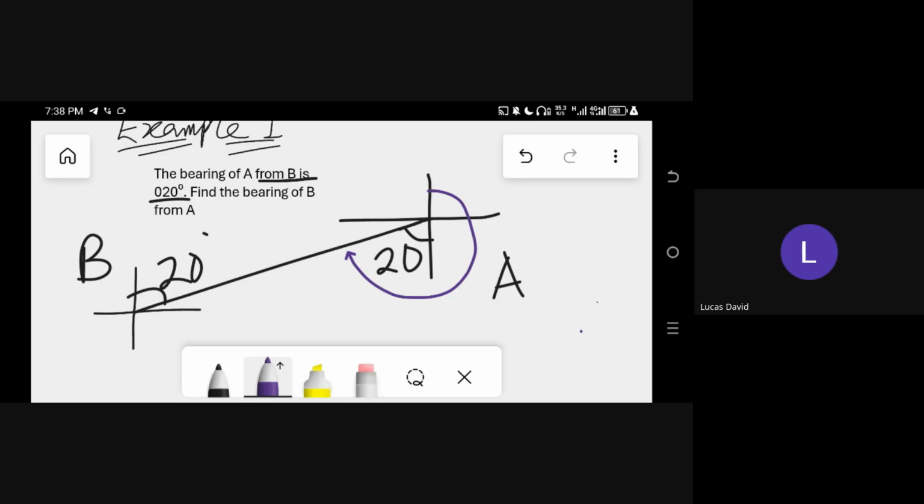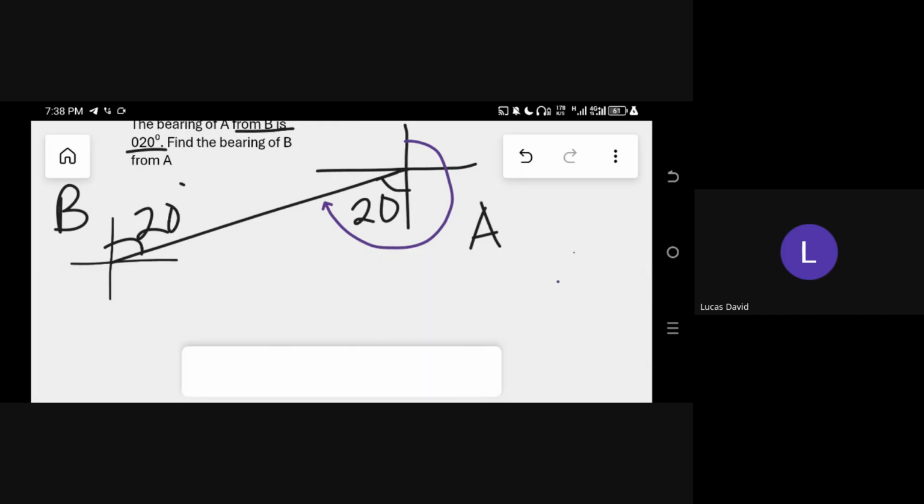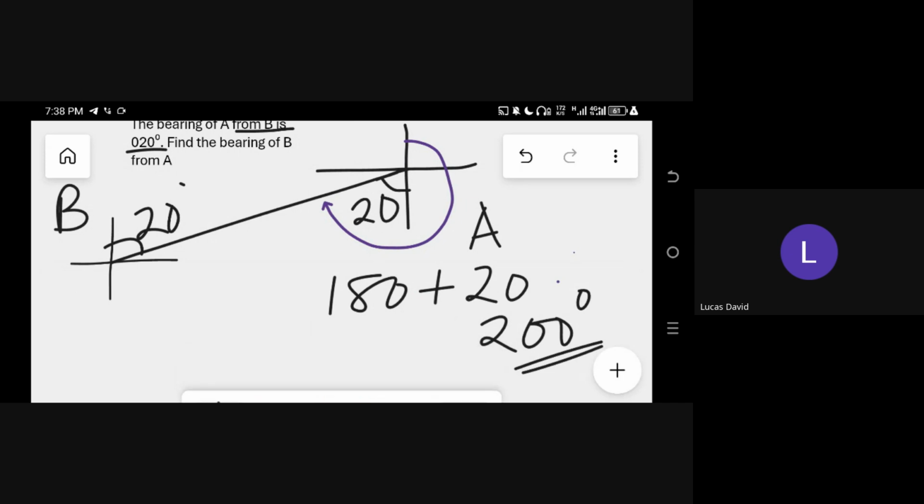Yes, exactly. So the bearing will now be 180 plus 20, that extra small part, which is 200 degrees. So the bearing of B from A is 200 degrees.